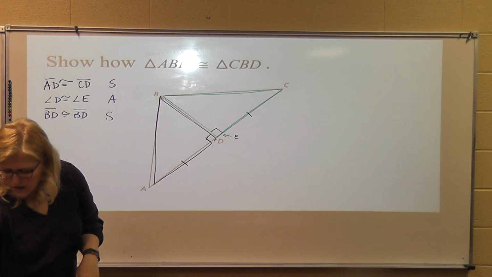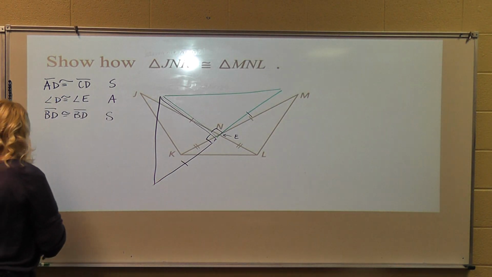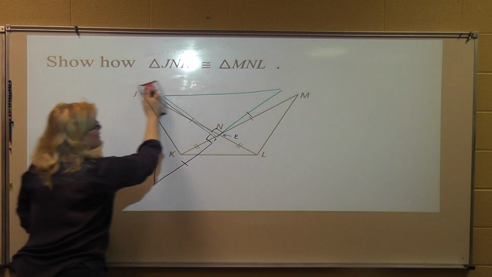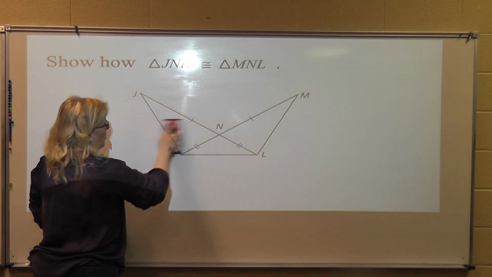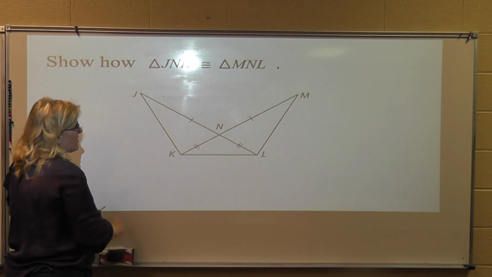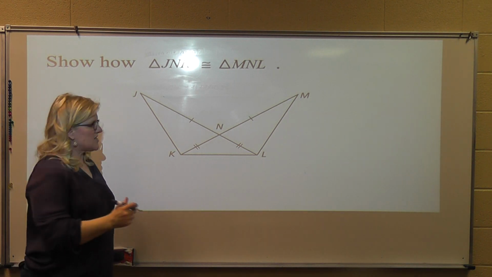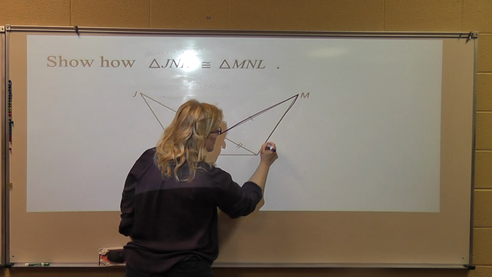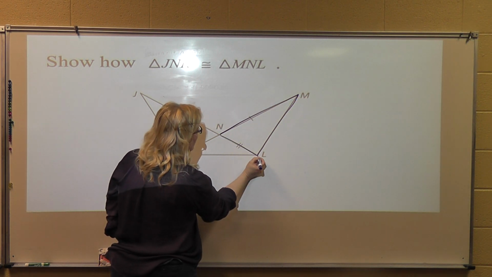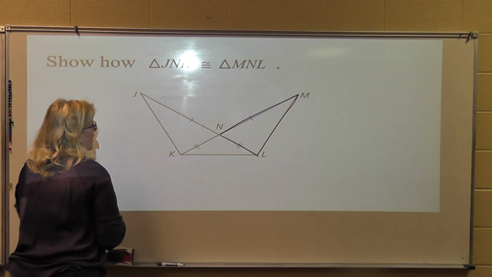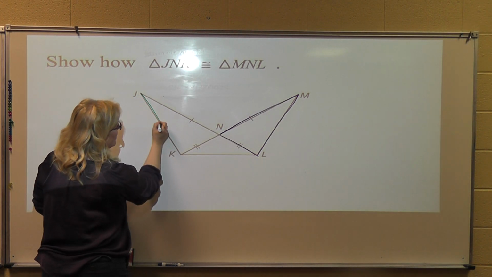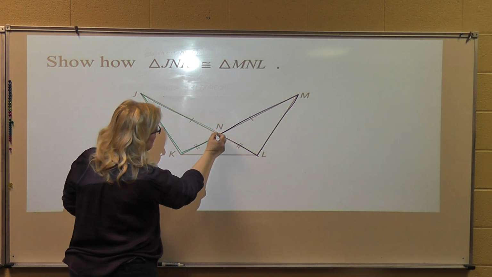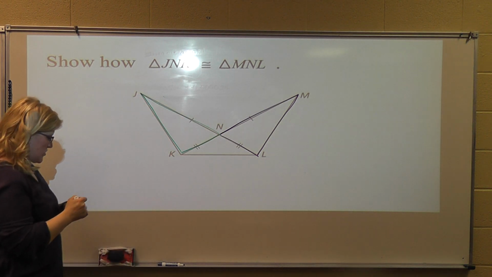So what about this one? This one's a little trickier looking. In this problem, the triangles that they want you to see are actually this triangle right here and this triangle right here. I know sometimes they overlap, but those are the two.